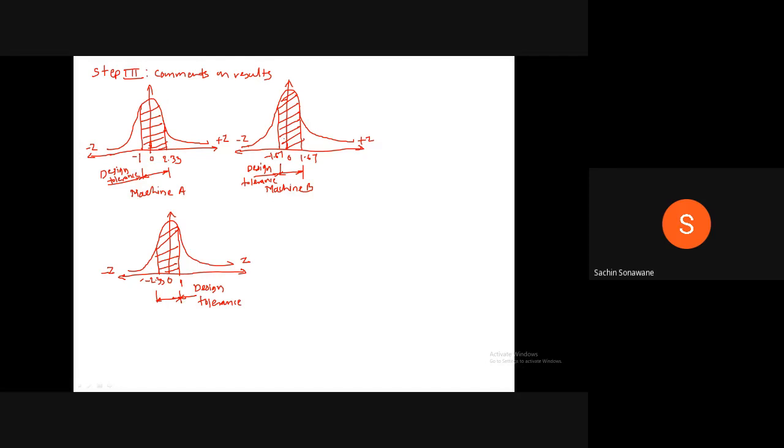Means for machine B, the two values are plus minus 1.67, means the shaded area is symmetric. But in case of machine A and machine C, this diagram is for machine C, the shaded area is not symmetric about the vertical axis.